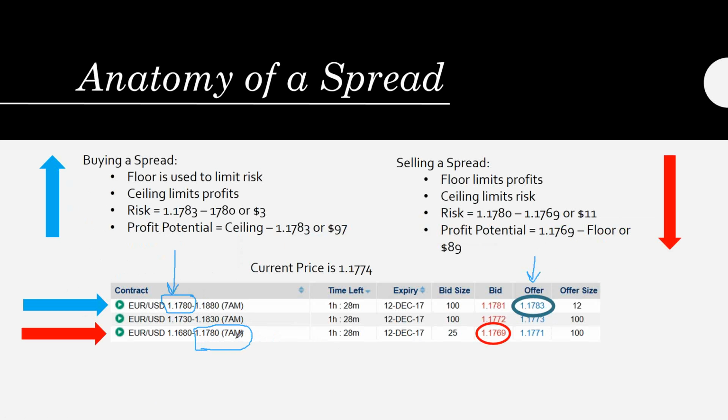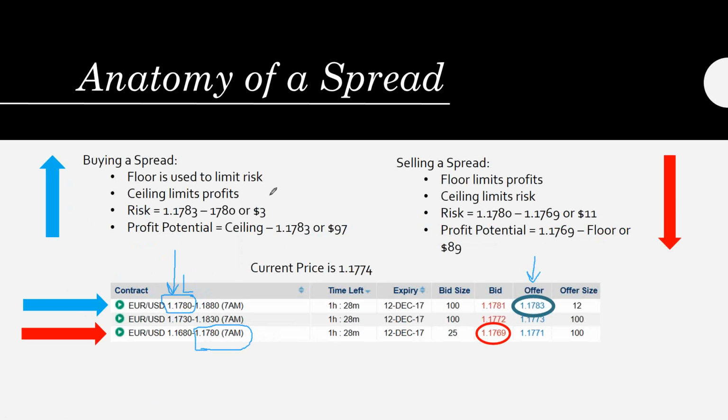The ceiling is the limit on profits when you're buying a spread. Does everybody understand that? So if you buy $17.80, that doesn't really make sense because that's the maximum spread. That's the ceiling. You can't go any higher than that to make profit. Do you understand that?